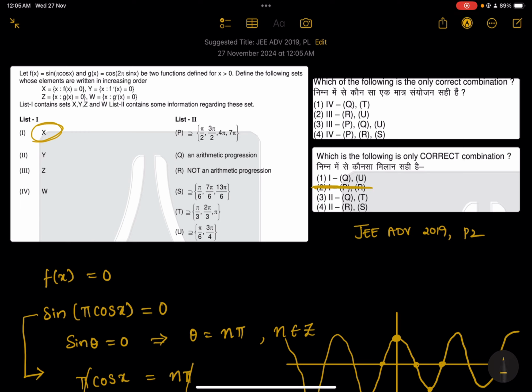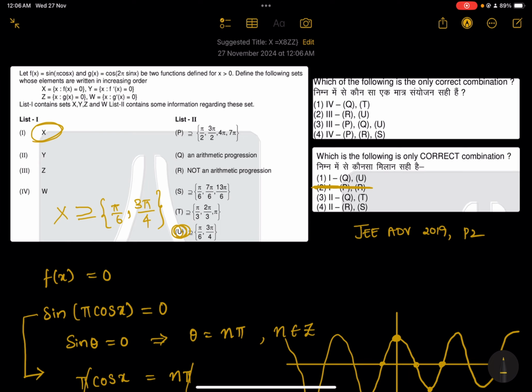Let us go to U. What is U? X is pi by 6, 3 pi by 4. All right, what does this mean?